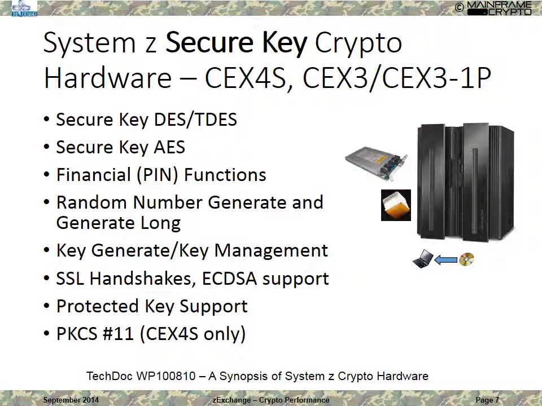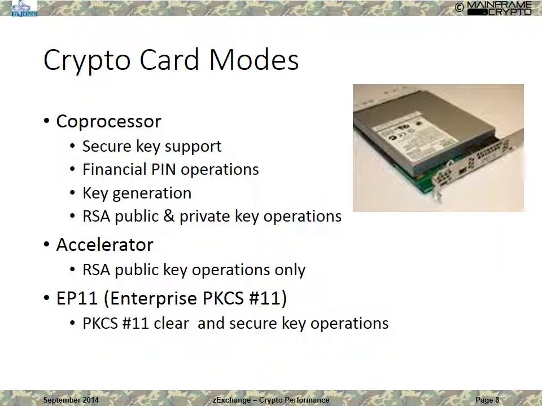Let's turn to slide 8. To summarize things here, the other thing to keep in mind with the Crypto Express card is it can be configured in one of 3 modes. Again, the Crypto Express 4S will support enterprise PKCS 11 operations. If you configure the card in EP11 mode, that's all it can do.